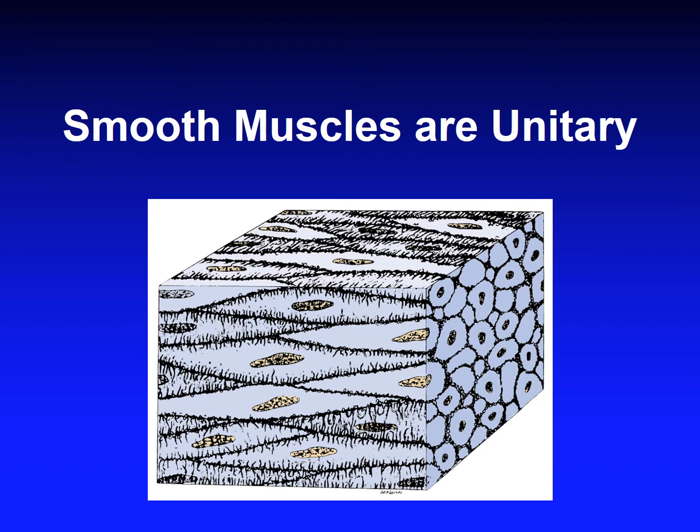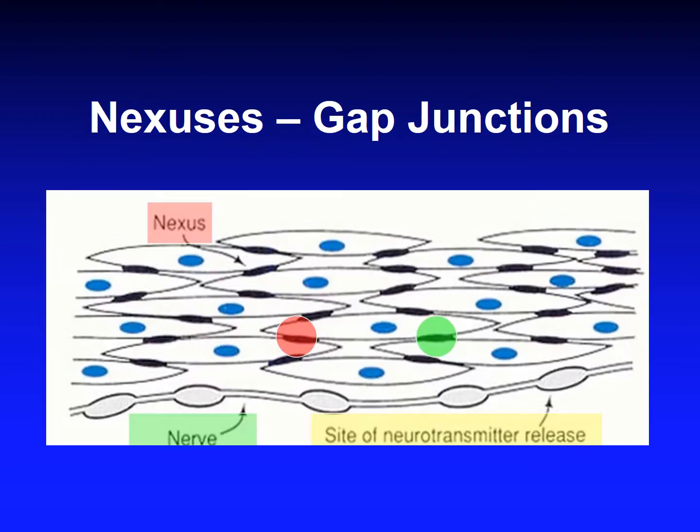And the second characteristic is that they are connected electronically with areas that are called nexuses or gap junctions, denoted here in this picture by the green and the red circle.